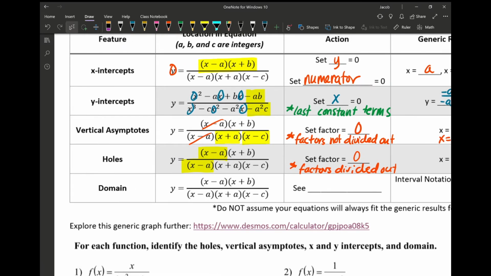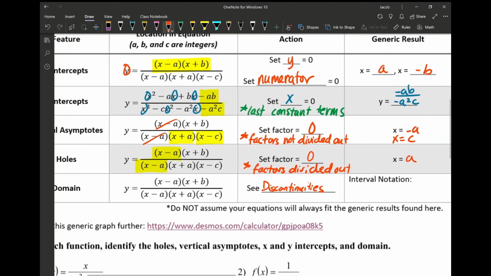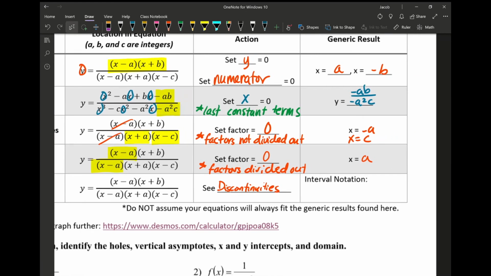And then for our domain, we're going to look at the discontinuities, which are, again, our vertical asymptotes and holes. And we have to state our domain from left to right.